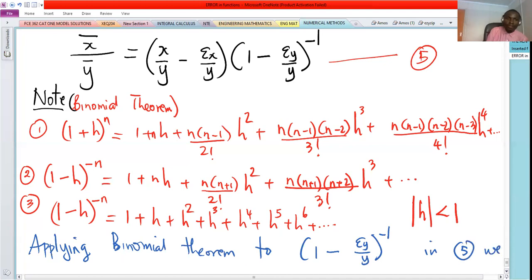So remember, this will actually conform to the definition of binomial theorem because error in y is a very small quantity. So over y, then we expect that quotient to be less than 1.